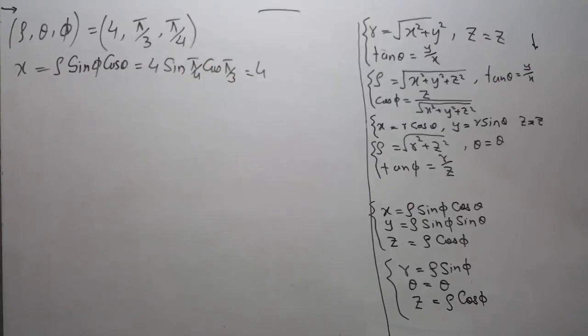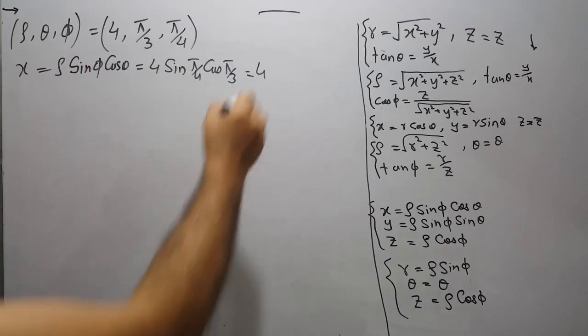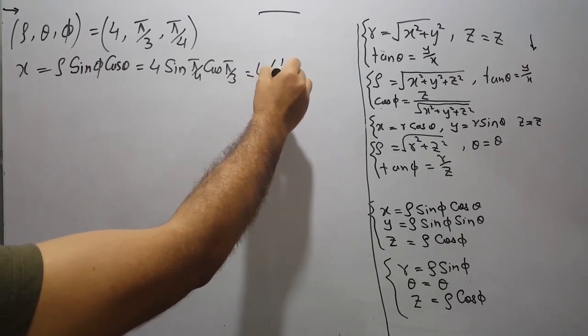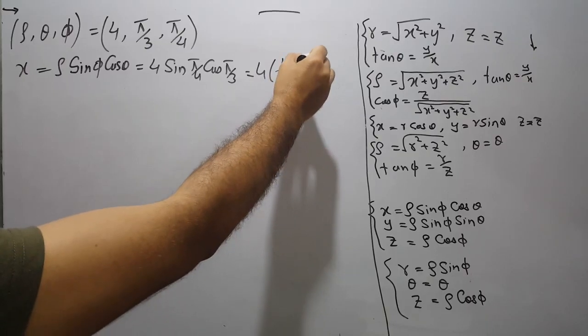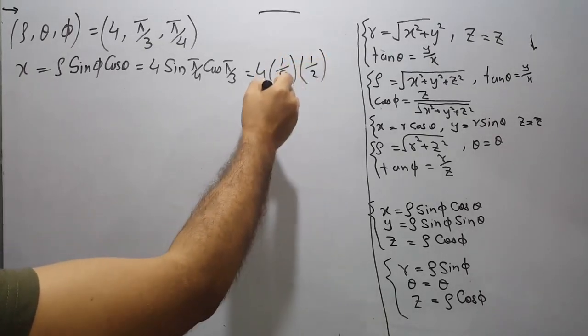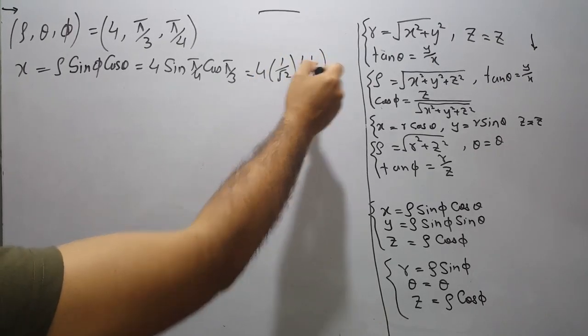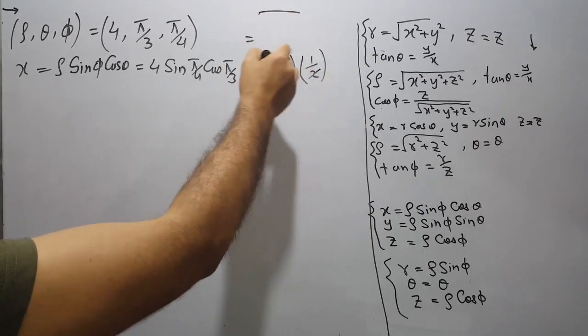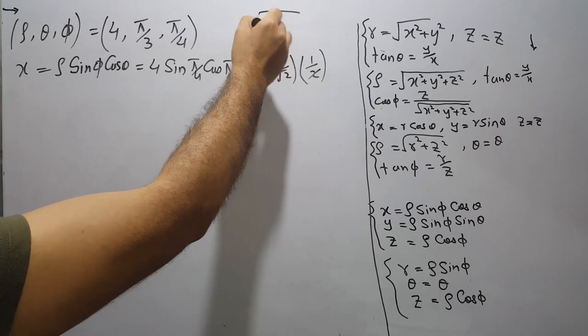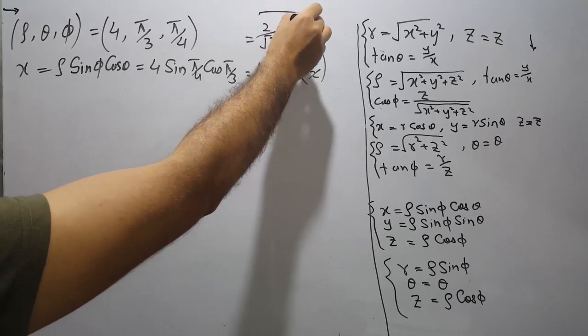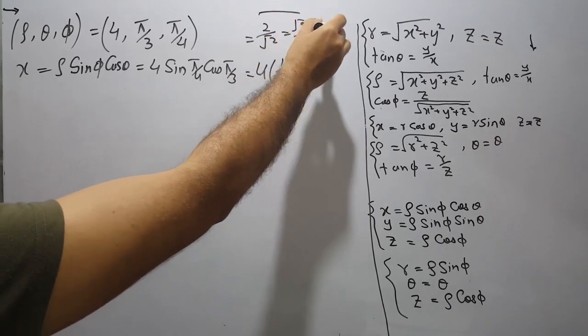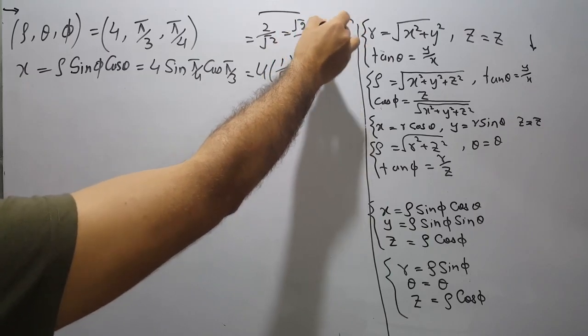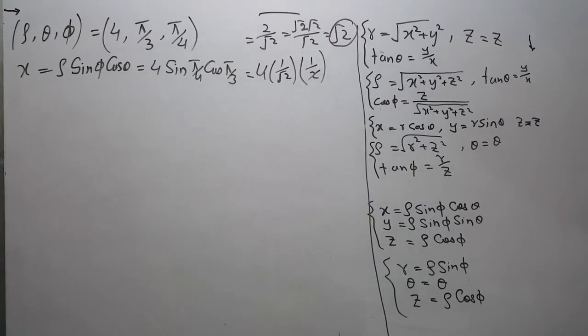Sine pi by 4 is 1 over square root 2, and cos pi by 3 is 1 over 2, so that gives you 2 over square root 2, and if you do this simplification, that gives you square root 2.